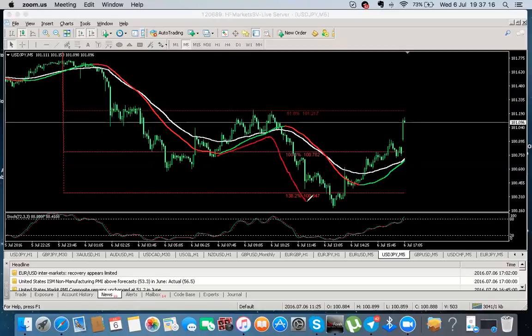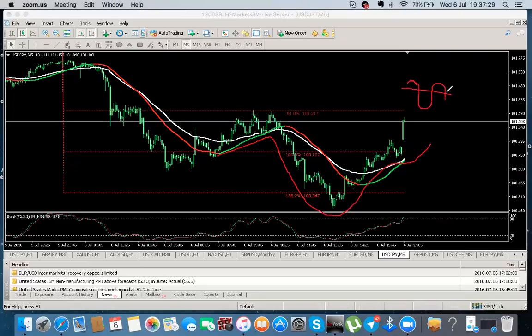Whenever you see this pattern, make sure they do not break this. They will try, they will jump. So this is the good entry, this is for buy.